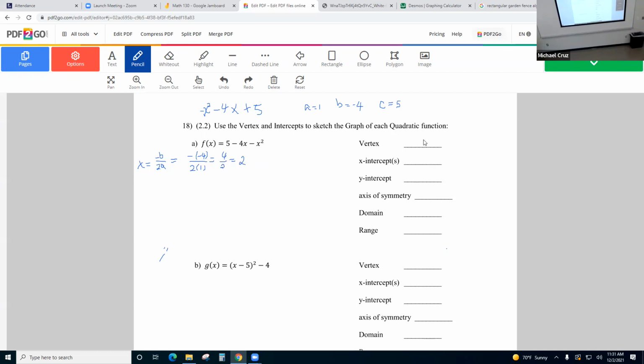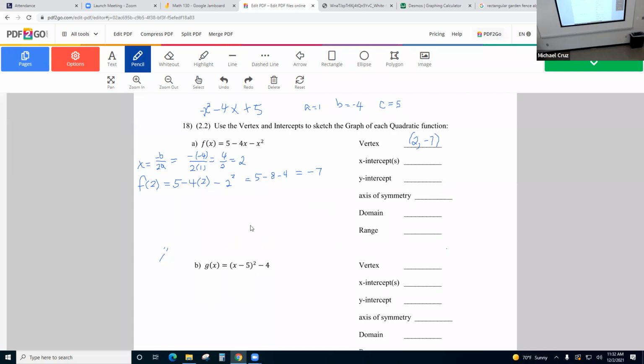Okay, so that's the x coordinate. So to find the y coordinate or the functional value, we got to plug it back in. Okay, so that's the vertex.